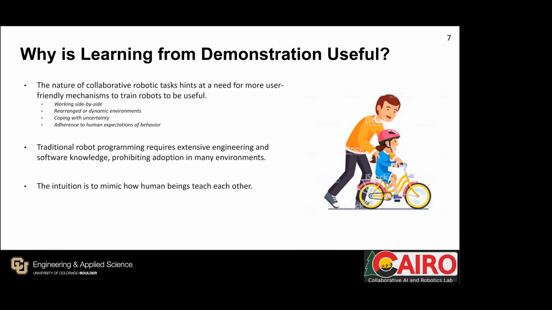There's a certain amount of coping with uncertainty, and perhaps the most important is an adherence to human expectations of behavior. Traditional robot programming requires extensive engineering and software knowledge, and this prohibits the adoption of these smaller scale robots, especially in environments with layman users. So the intuition is to enable human beings to teach robots, or mimic how human beings teach each other.